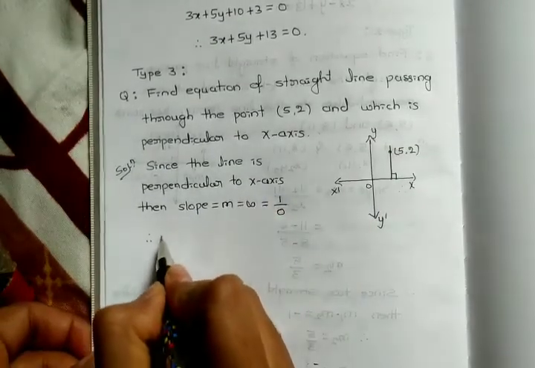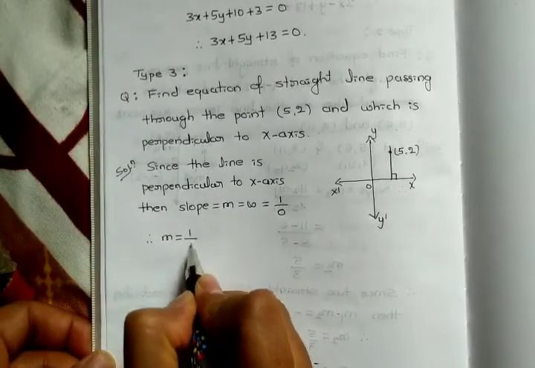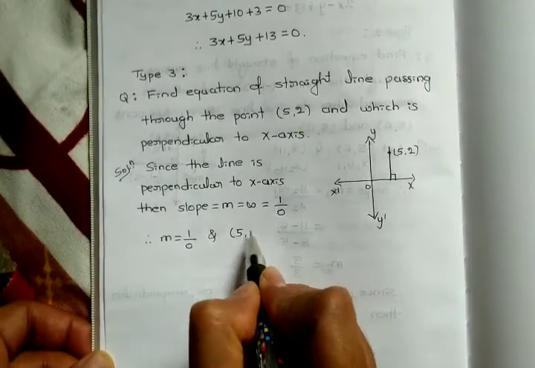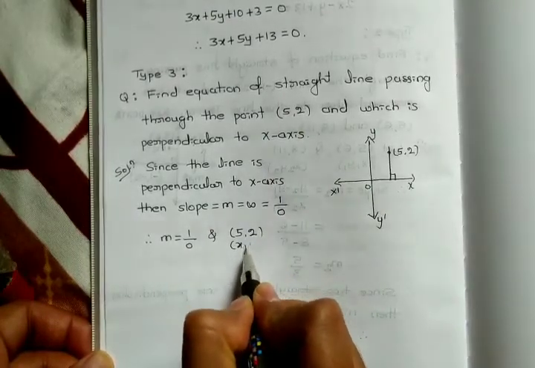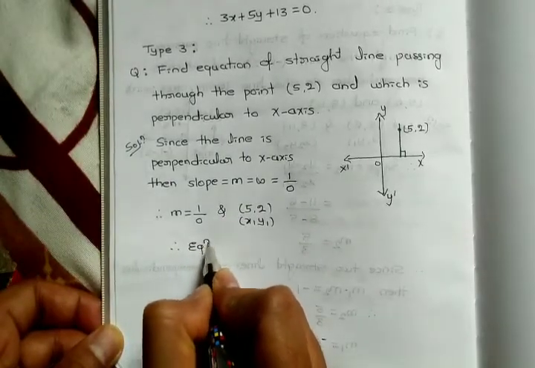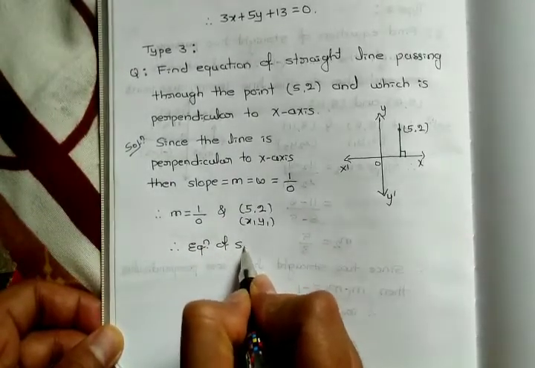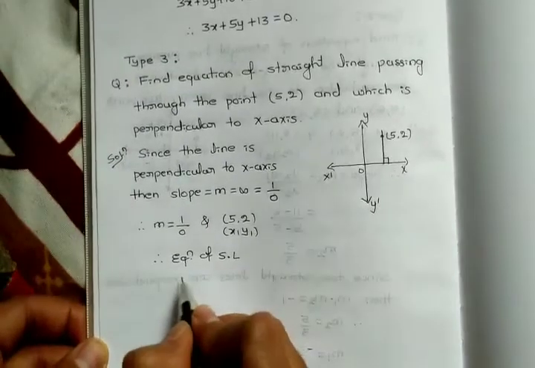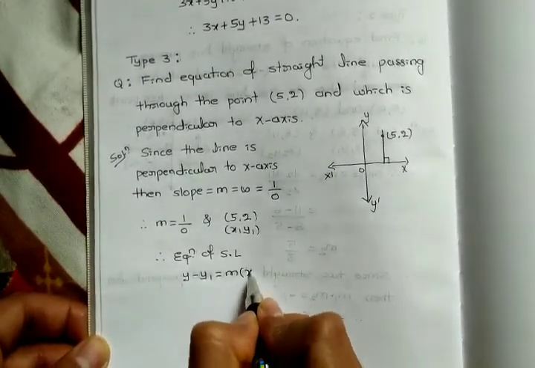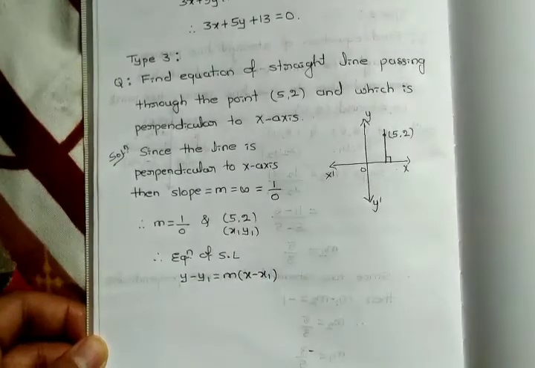Therefore m is equal to 1 divided by 0, and one point is already given, (5, 2), consider it as (x1, y1). Therefore the equation of the straight line: y minus y1 is equal to m into (x minus x1).